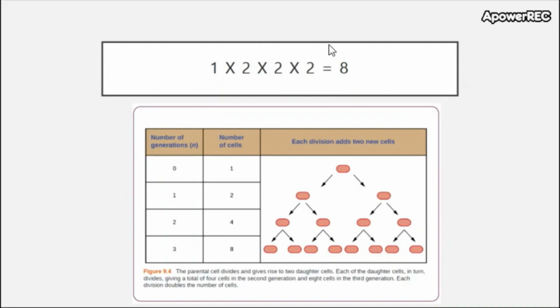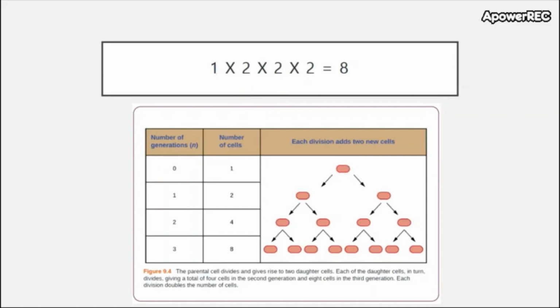What I'm going to do is derive an equation from this. So 2 times 2 times 2 is the same as writing 2 to the third power. That's how many times you're going to multiply it, right? And so we're going to write an equation on this next slide to represent this. Remember, 1 was our starting number of cells, right?